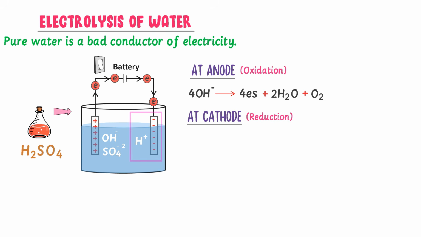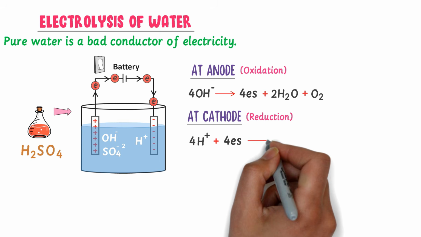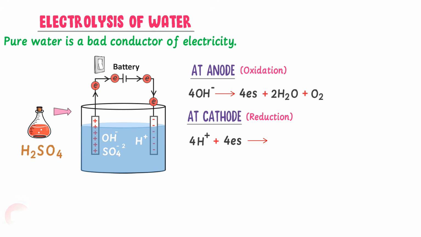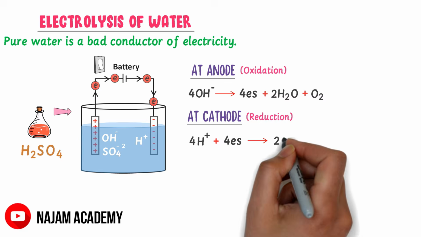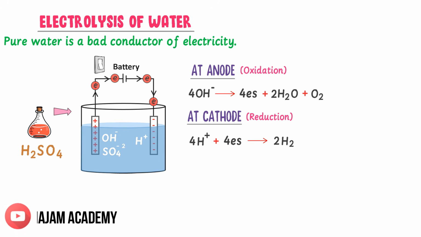Also, we have learned that at the anode, 4 hydroxide ions have lost 4 electrons. So the battery will pull these 4 electrons and push them towards the cathode. So 4 hydrogen ions will get 4 electrons to form 2 molecules of hydrogen gas. Thus this is the anode reaction and this is the cathode reaction.